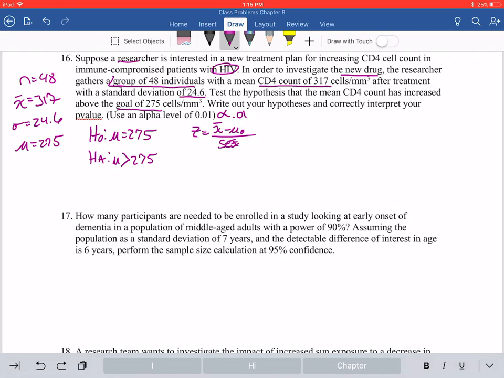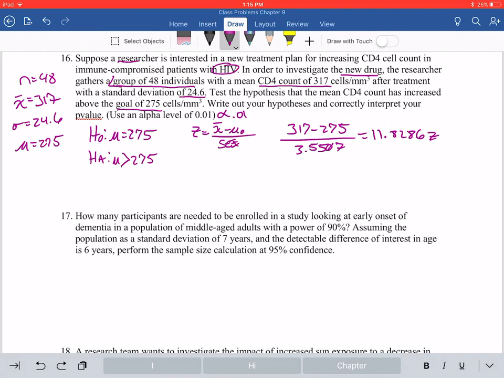For time purposes, that's going to be 317 minus 275 over 3.5507, and that's going to give you a value of 11.8286.